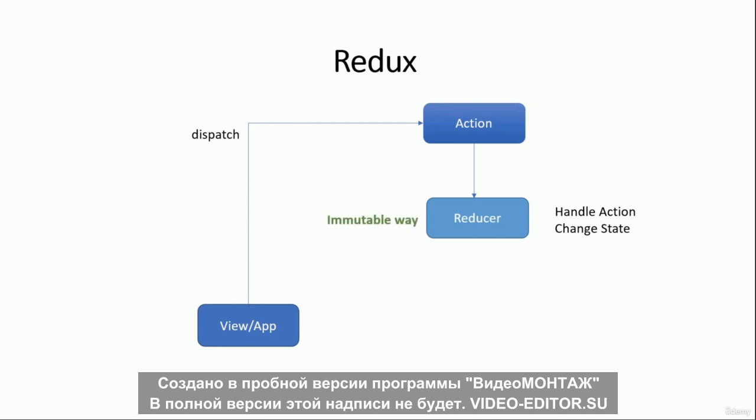That means it won't change the old state. It will take the old state as a basis and then create a brand new state, so kind of a copy of the old state with the changes applied. So the old state stays untouched. We just create a new state and return this new state. So this immutability gives you a unique state in your application.